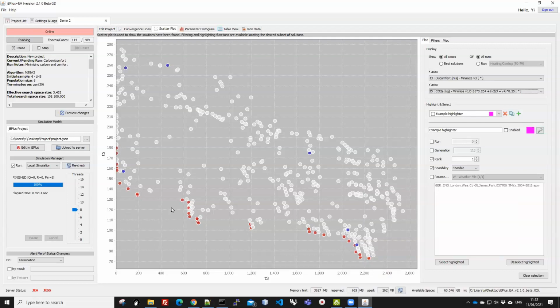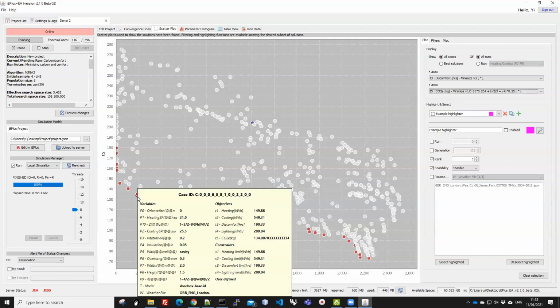And this is a lot easier to use, as you can see. Say if you draw a line here, say I only accept solutions with discomfort hours no more than 200 hours, then your best solution is here. It's that one.